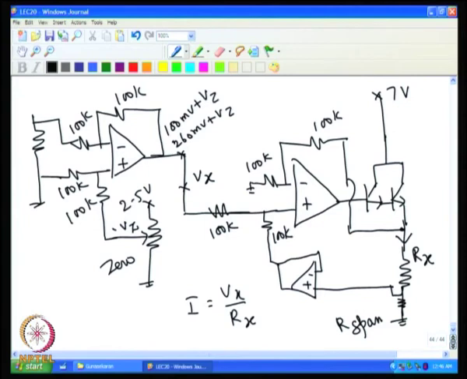So, we can select the Rx, and this can be any resistance, there is no problem, we can have it equal to Rx or it can be any other value. So, essentially the current flowing through this is now determined by Rx and Vx. The current can be selected such that at the lowest voltage, that is at 100 millivolt plus Vx, the current is roughly about 4 milliampere total.